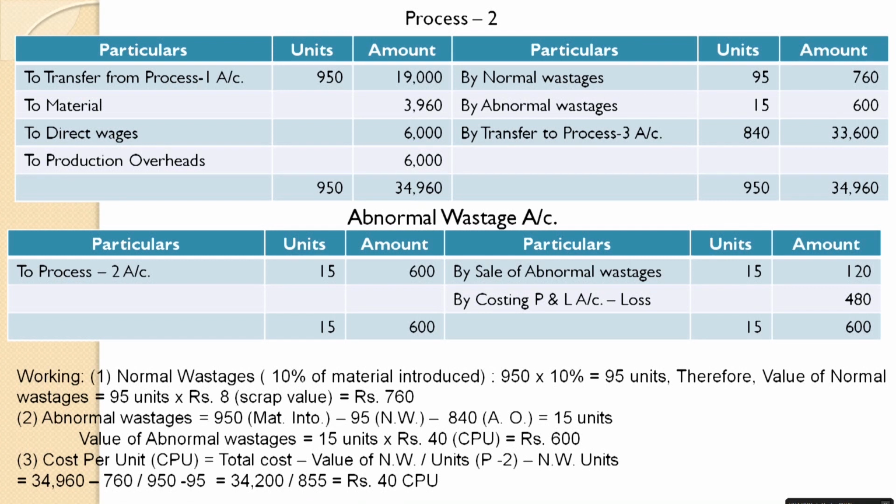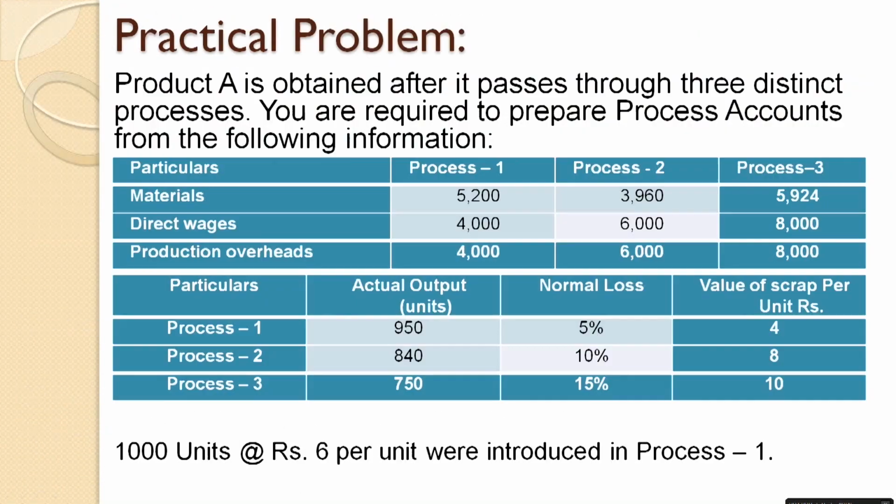Now, till here everything is fine, because whatever amount we transfer from process 1 is very clearly written here. Now we need to identify the expenditures incurred in the process 2 account. How can you identify it? It is clearly given in the question. Now see the question again. In the question, in the first table, in the process 2 column, material, direct wages and production overheads, all three expenses are given. Material amount is 3,960 rupees, direct wages is 6,000 rupees and production overhead is 6,000 rupees.